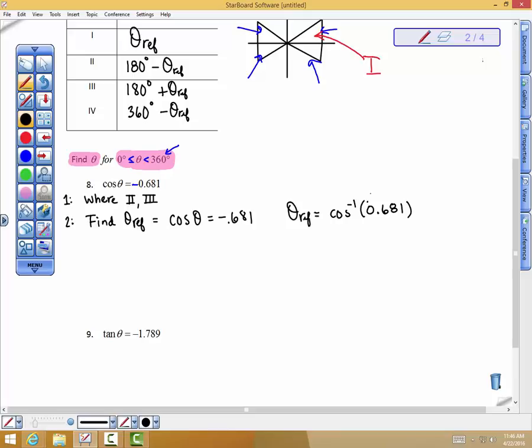The reason for a positive and not a negative is because I want a little angle, an acute angle, a first quadrant angle. When you do that, you're going to find that the size of that reference angle is 47.1 degrees.